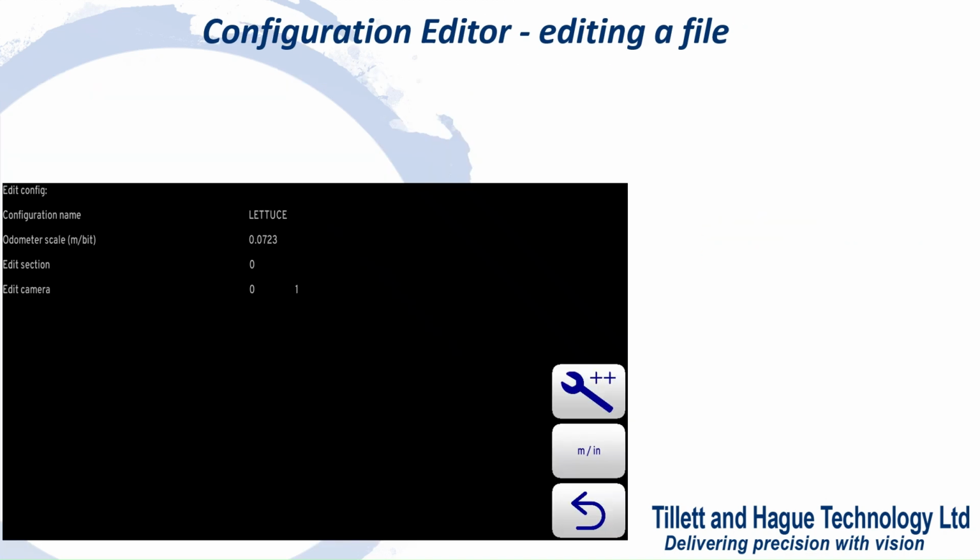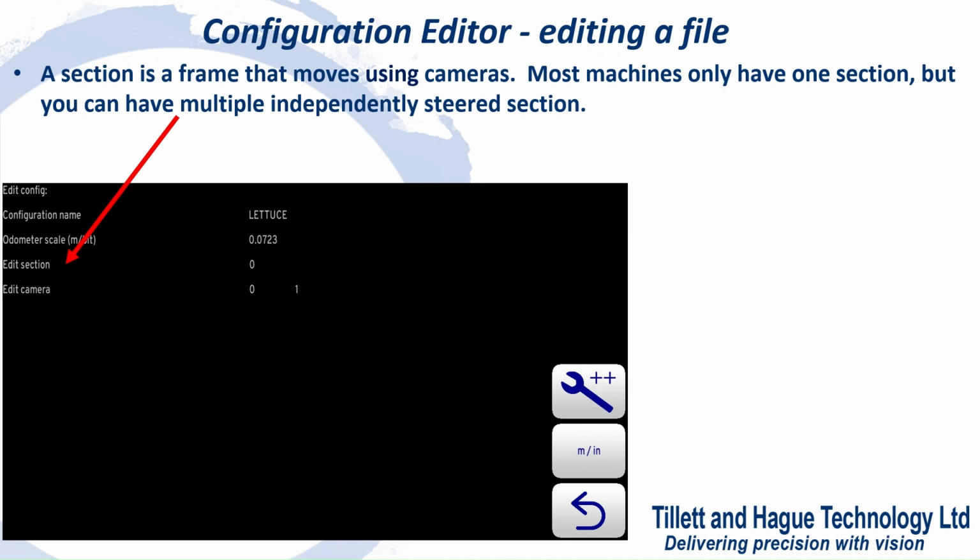A section is a frame that moves using cameras. Most machines only have one section, but if you wish to track multiple independently planted bouts, then you need multiple independently steered sections. This particular machine in the example is fitted with a single section with index number of 0 and 2 cameras with index numbers of 0 and 1.